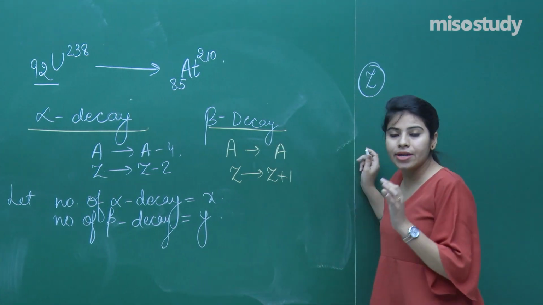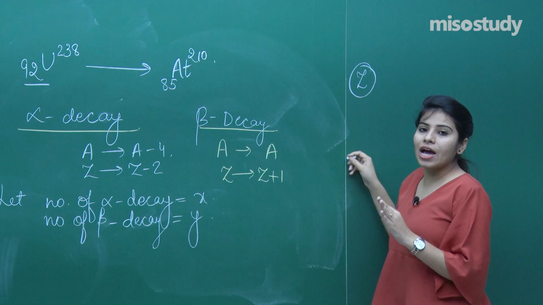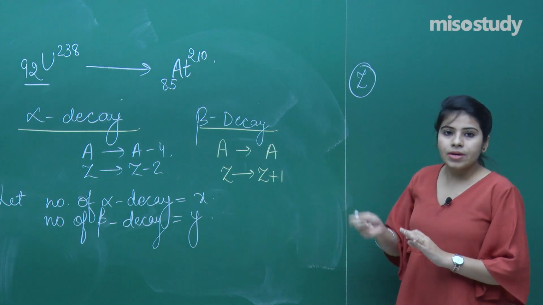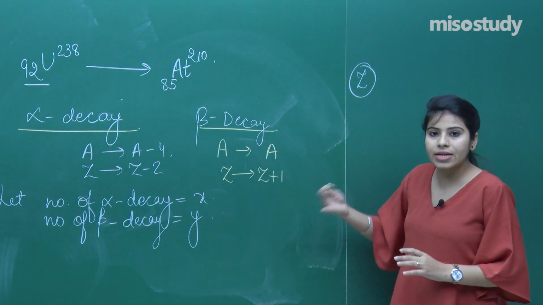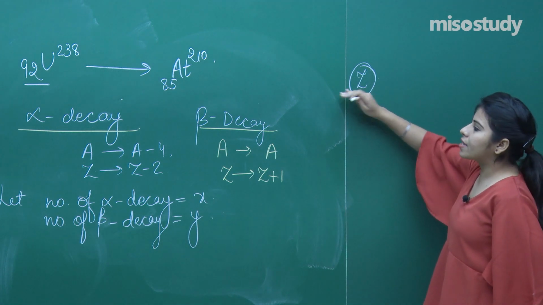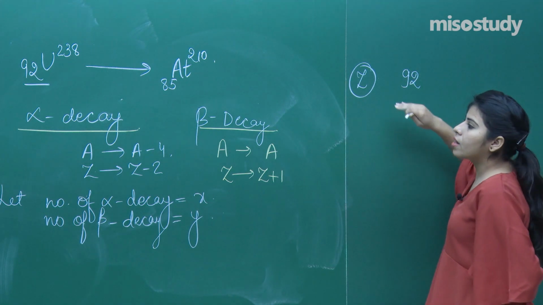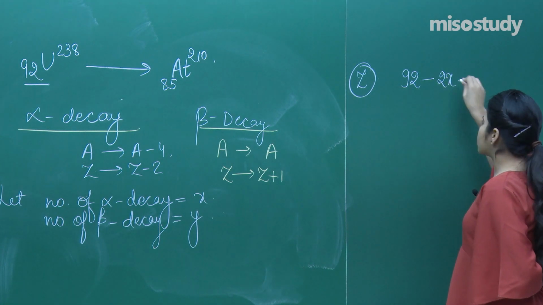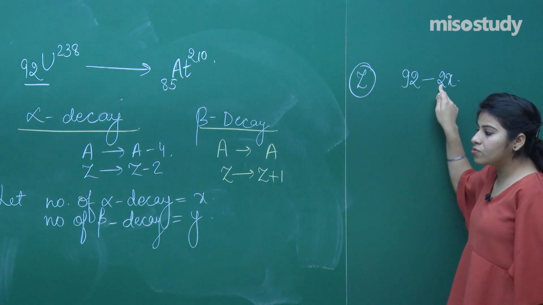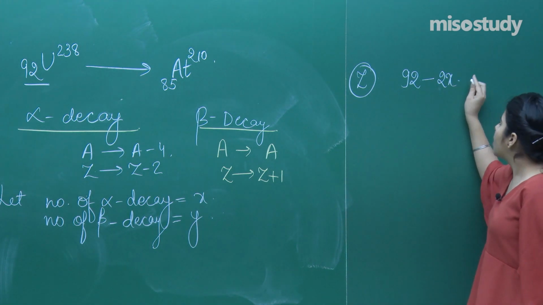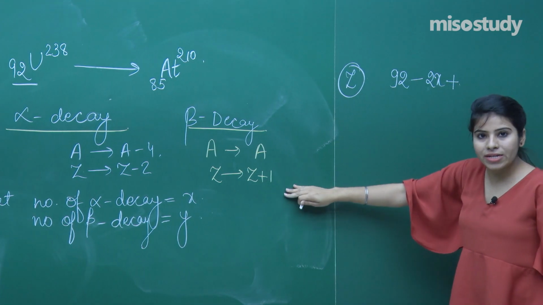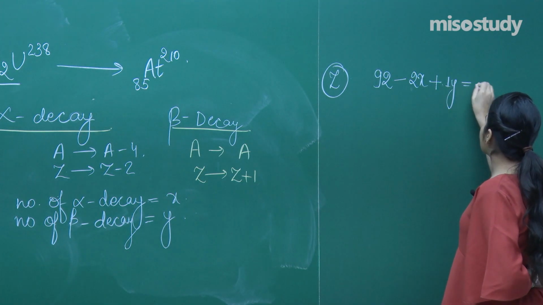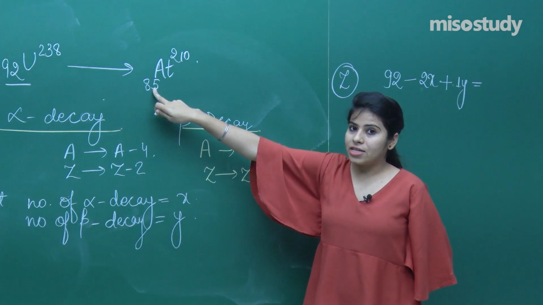First of all I'll consider the case of atomic number. You know that the atomic number is going to be reduced by 2 in the case of alpha decay, and in beta decay it will be increased by 1. So earlier we had 92, it is going to be reduced by 2 for each alpha decay, so minus 2 into x, plus 1 into y for beta decay, equals 85.